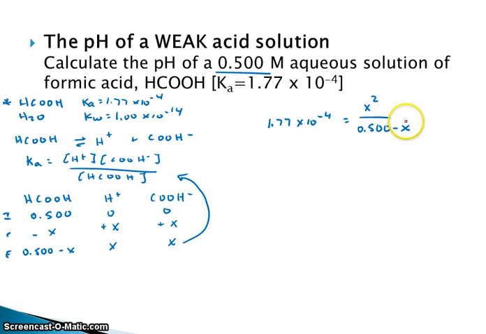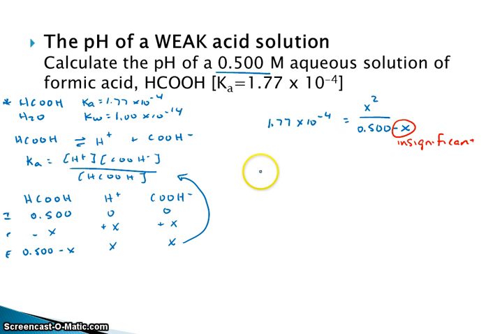What we're going to do is assume that this X is insignificant. That's going to make our problem much easier to solve, and then we'll just go back afterwards and prove that that X is in fact insignificant.